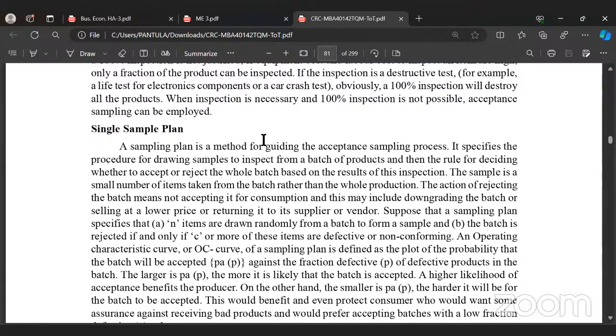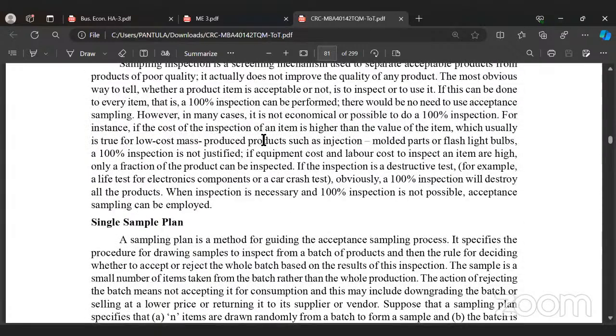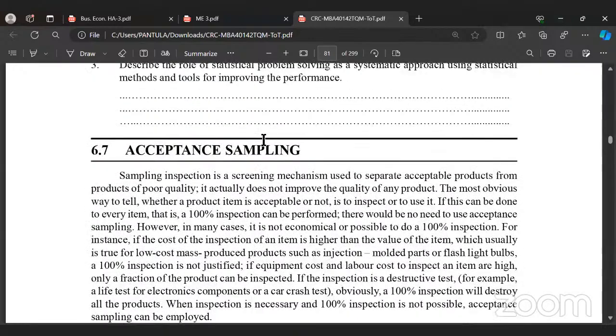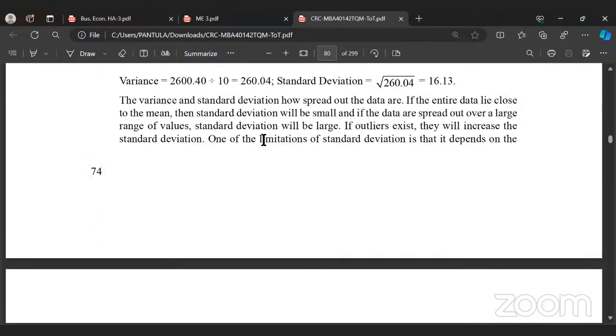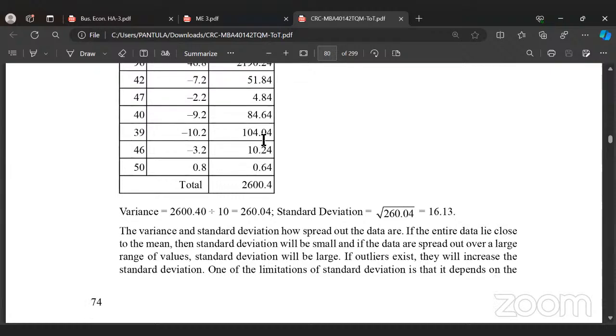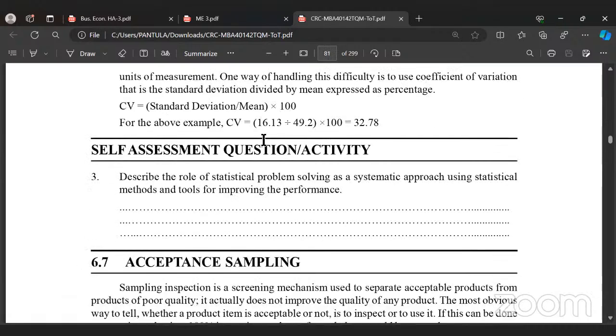Even in a soap manufacturing company, they'll take some sample and fix the quality of the product. So sample is nothing but a portion of the population.